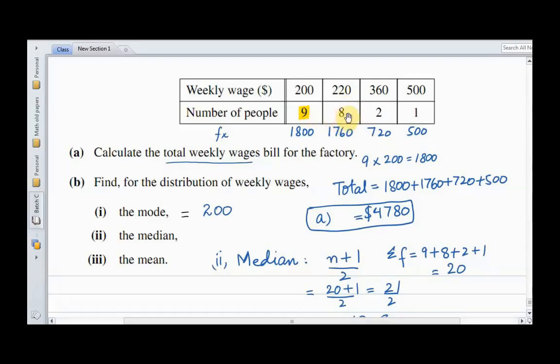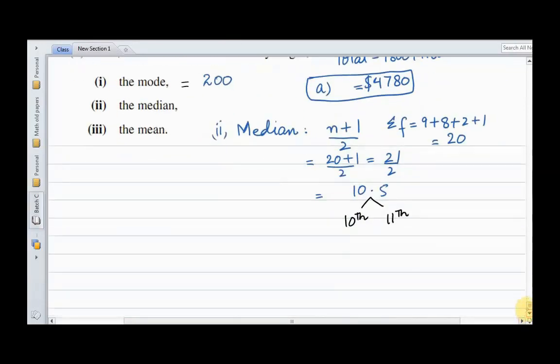All lie in this category, so both the 10th and 11th numbers are present in this group. So the median is 220, right?